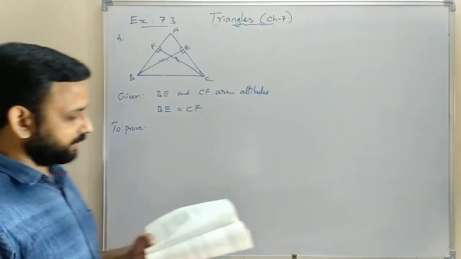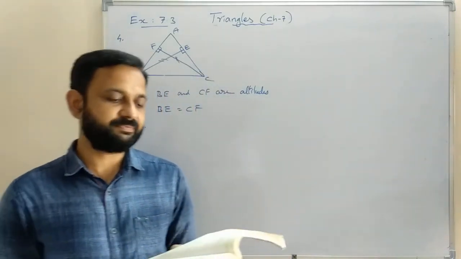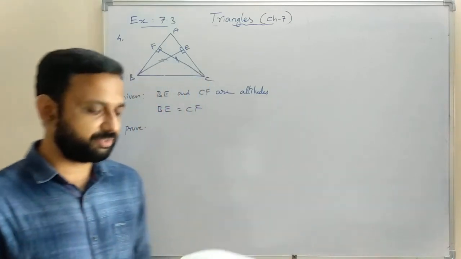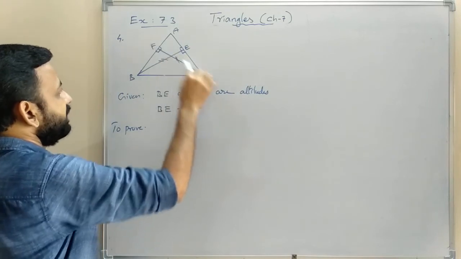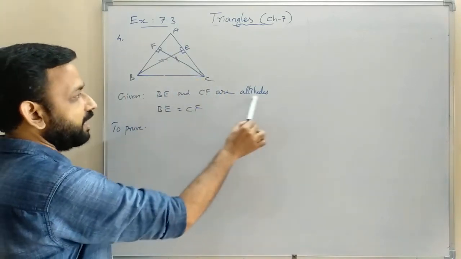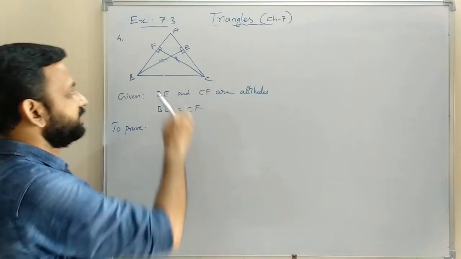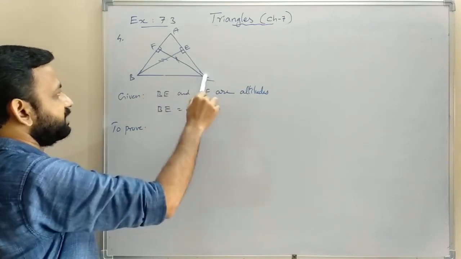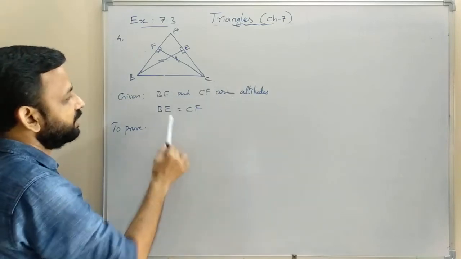Now we will do question number 4. BE and CF are two equal altitudes of triangle ABC. Altitude means perpendicular: BE perpendicular to AC and CF perpendicular to AB, and they are equal.